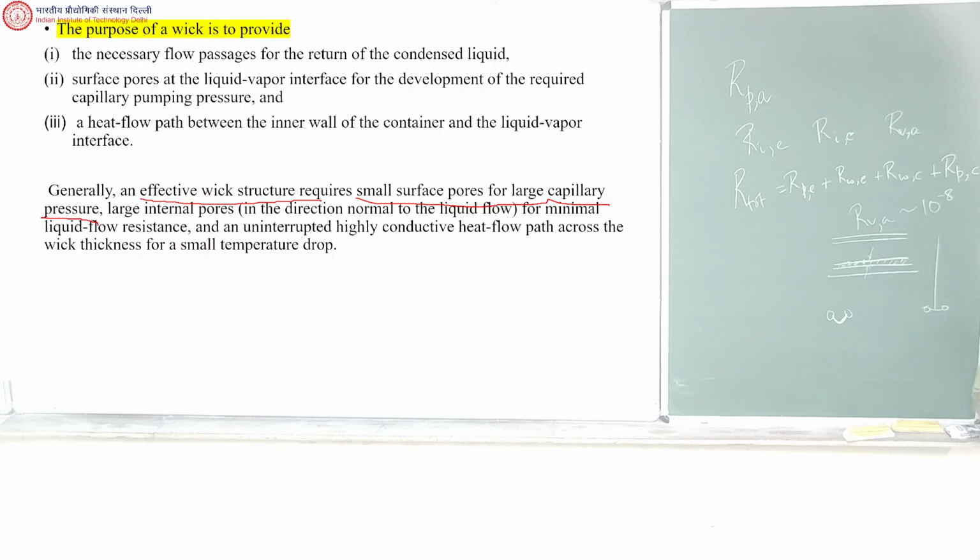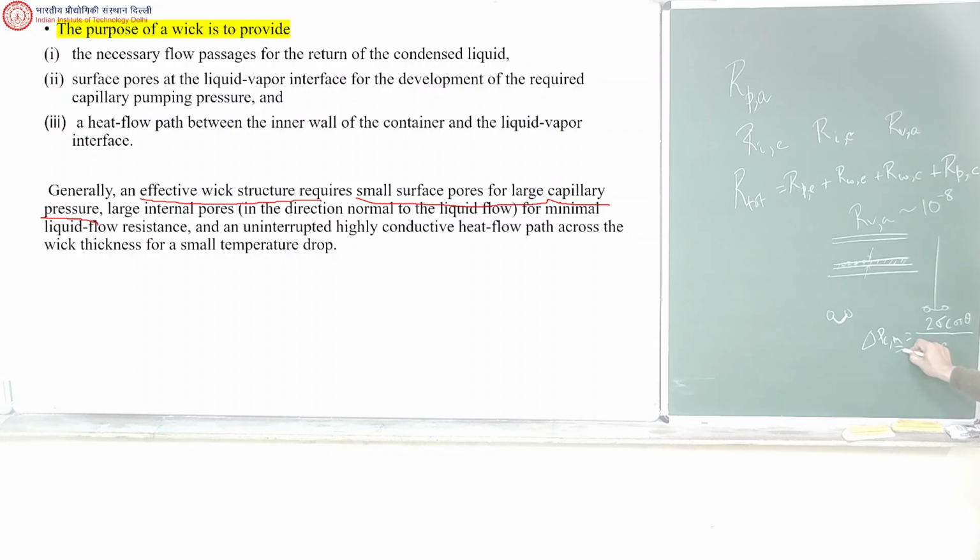Correct, very good. So we had delta P_cM, M for maximum. You people are not revising at home, otherwise it should have been easier. 2 sigma cos theta by r.